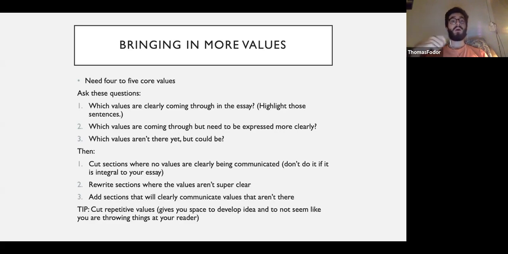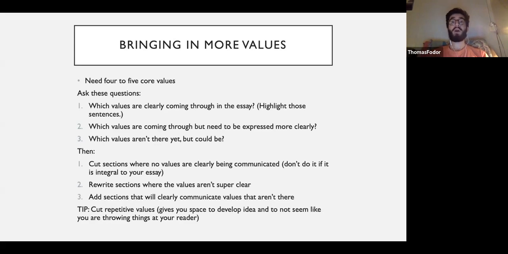All right, so when you're evaluating the values and how you incorporate those values into your essay, ask these questions. Which values are clearly coming through in the essay? Write those down and highlight those specific sentences in your essay, right? So where are these values found in a specific sentence or sentences?